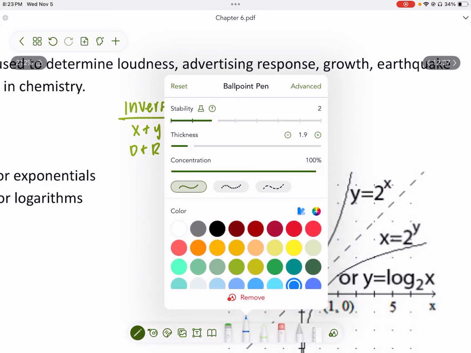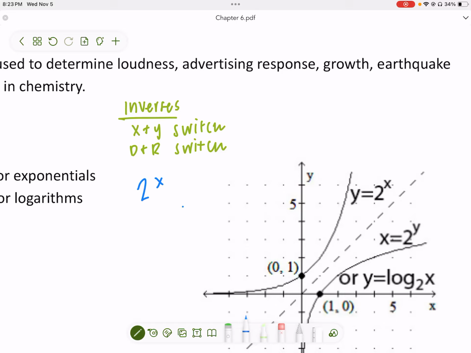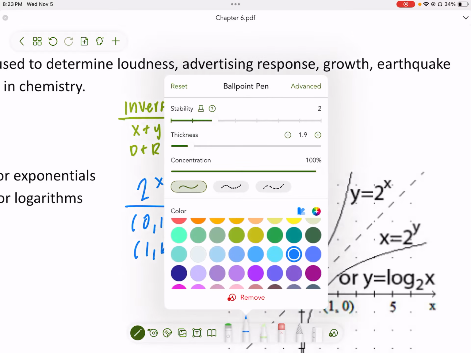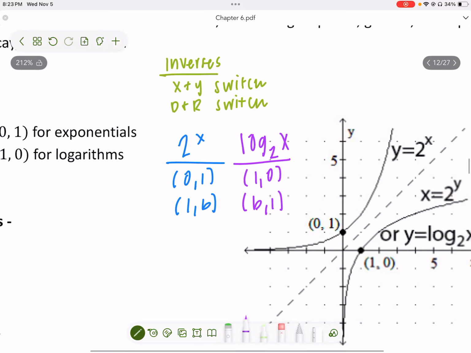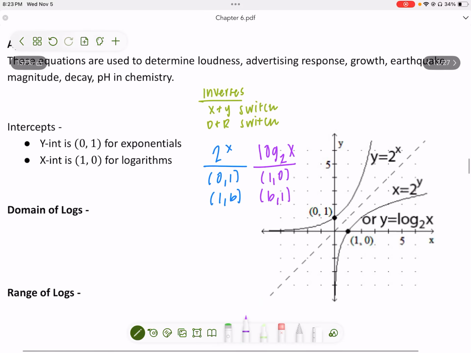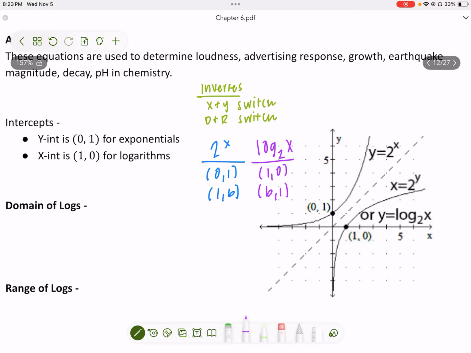Because if you remember, for 2 to the x, we said (0, 1) and (1, b) were your critical graphing points. Well, now that we have log base 2 of x, we can graph (1, 0) and (b, 1). Honestly, not that bad, because at this point, we can graph 2 to the x pretty easily.